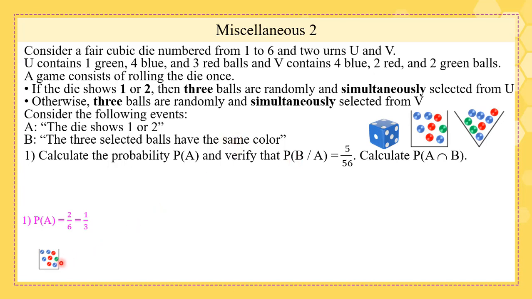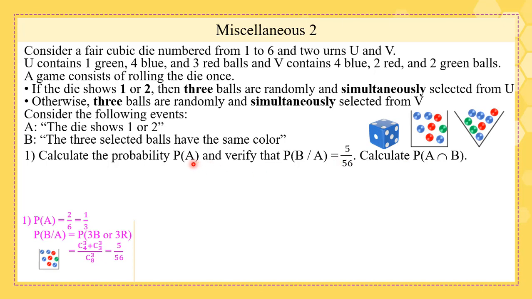Now, what are the 3 balls that have the same color here? They could be either 3 red or 3 blue. As you see, they cannot be green because we are selecting the balls simultaneously. So we get (3 choose 3 plus 4 choose 3) over 8 choose 3, which is 5 over 56.